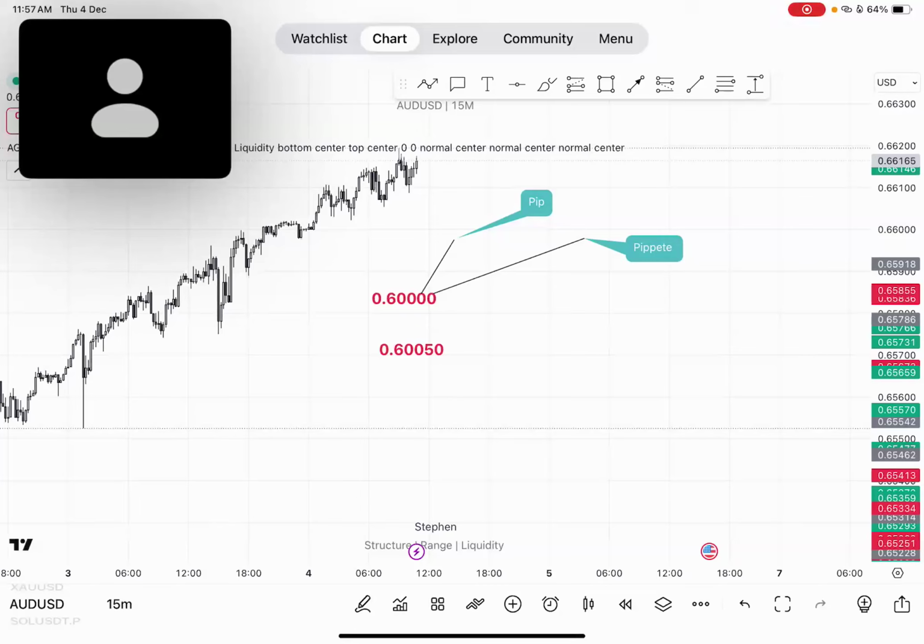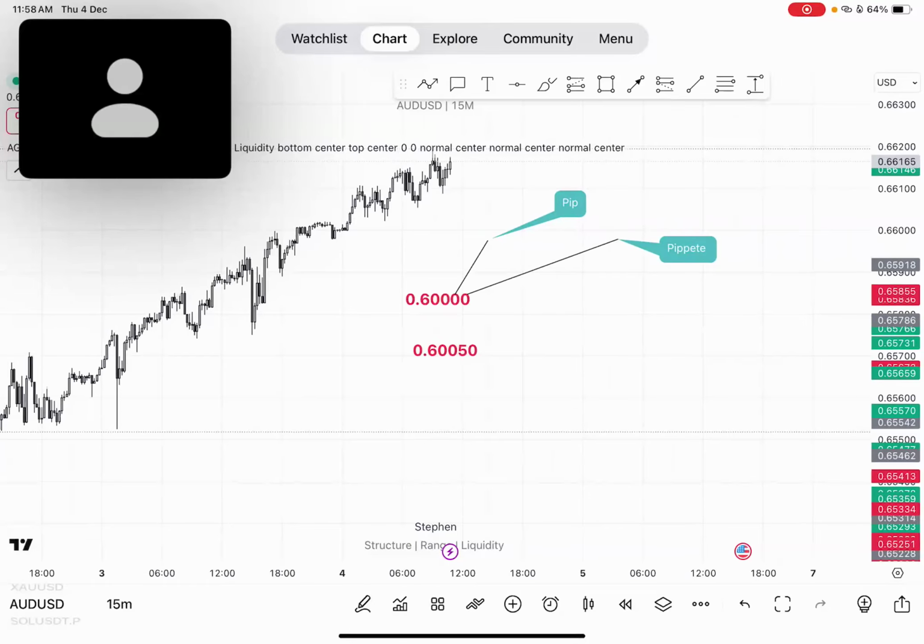A little move of pipettes will not even result in 1 cent, so that's why it's not even calculated. What gives you good value when you are trying to buy in the market is your pip. Are you with me now? Can you see the pipette is there? So the fifth one is called a pipette. I hope you guys get that.